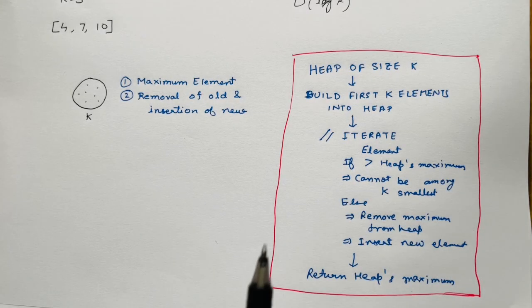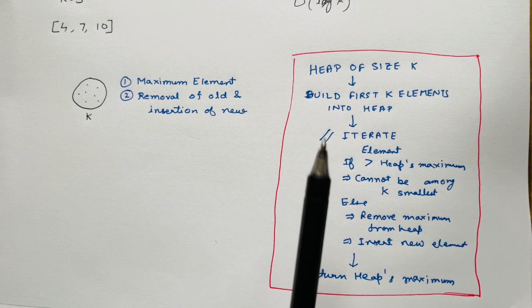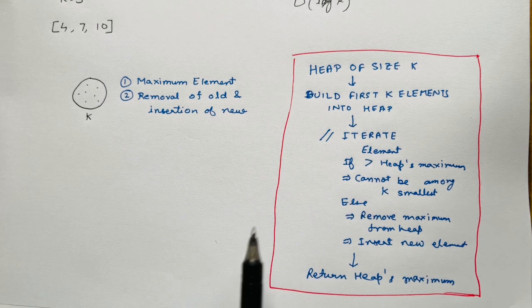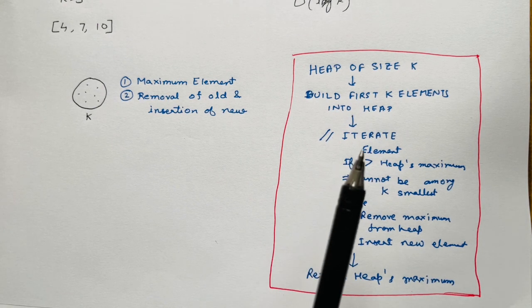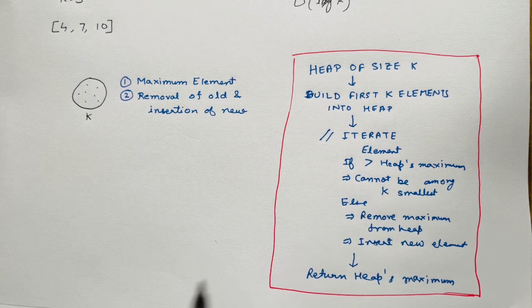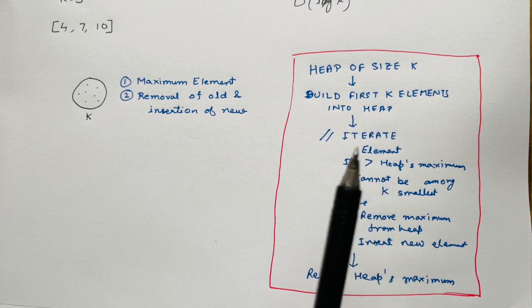Now, what does our new approach look like? Instead of a sorted array, we will use a heap. We will have a heap of size k. We will build the first k elements into the heap. Then we will iterate over all the remaining elements of the array. In every iteration, we will have an element.